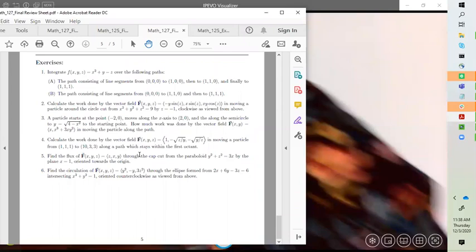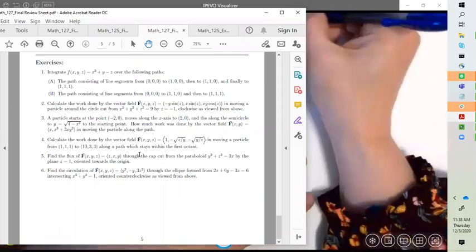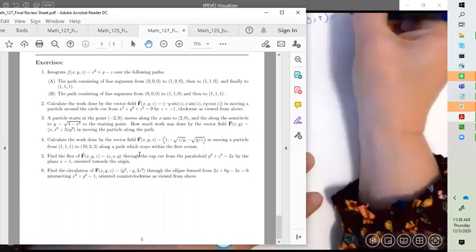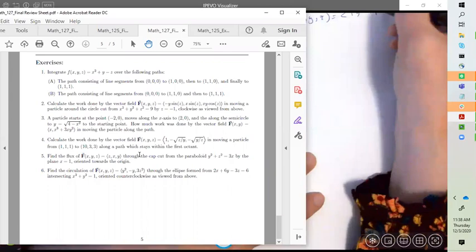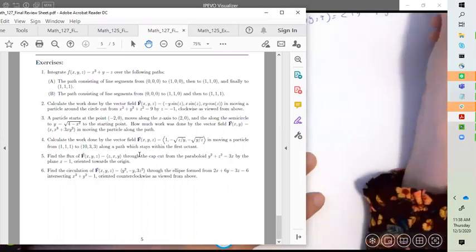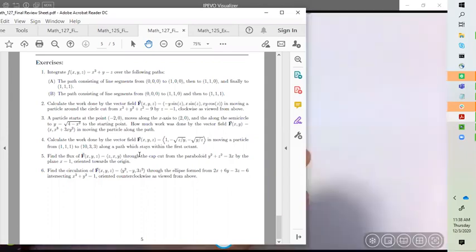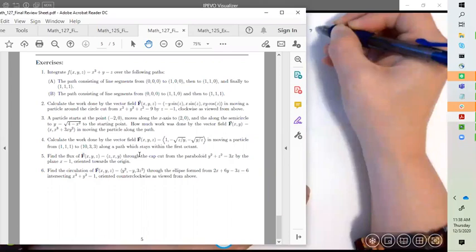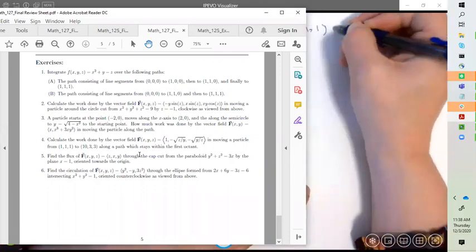Let me write this down first. One was the curl, and the other one was the domain. The path goes from (1, 2) to (10, 3).